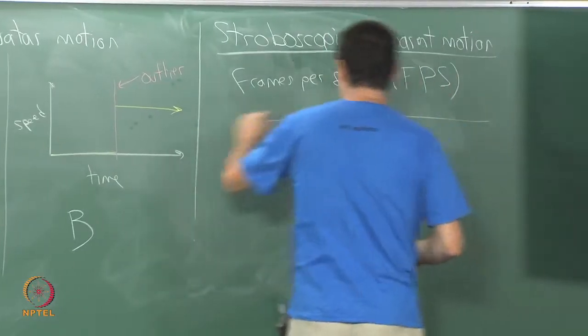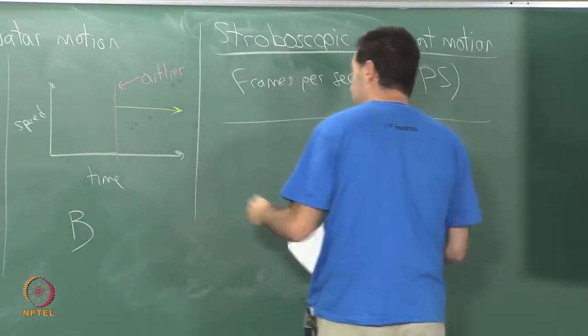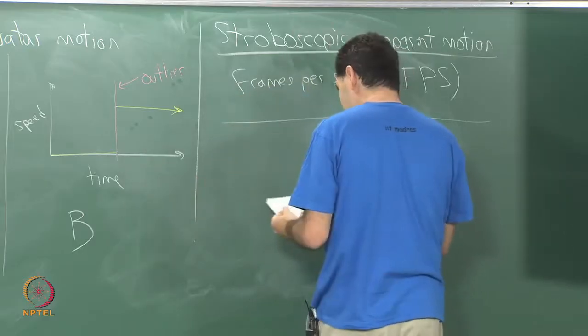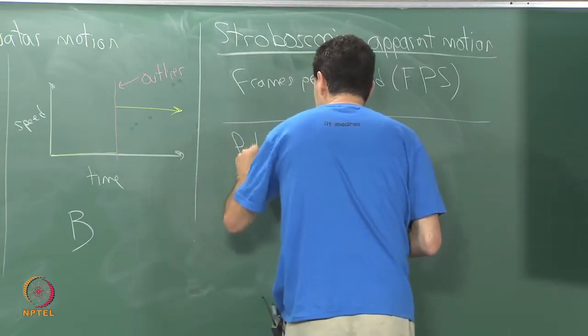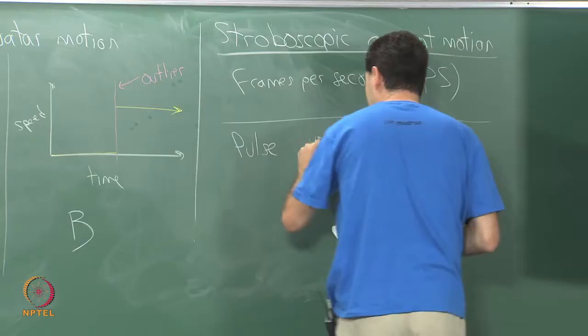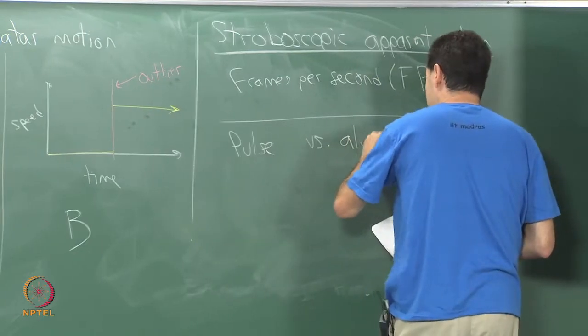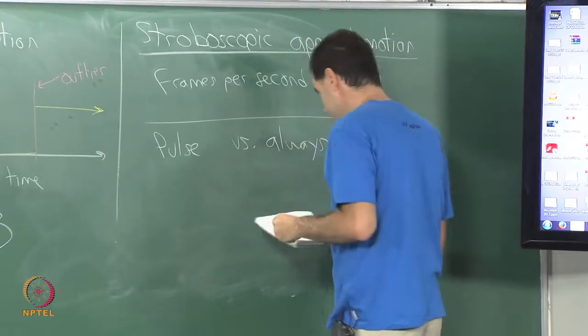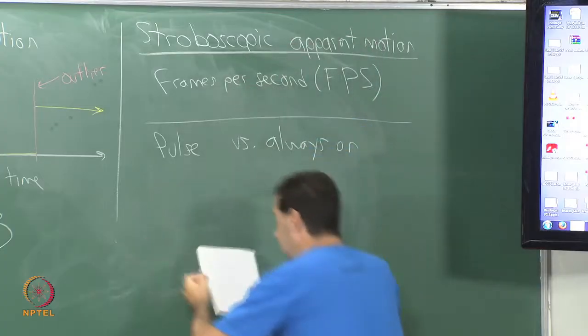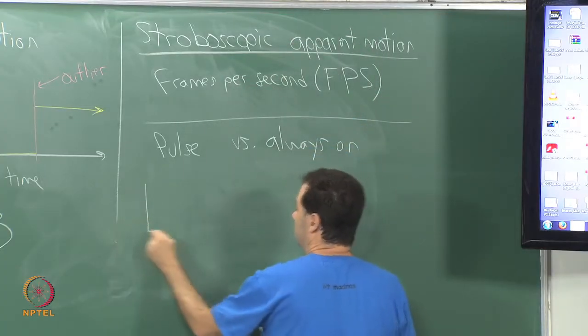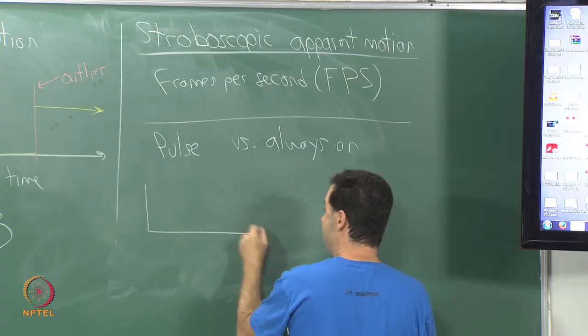One general thing to think about with regard to showing you a bunch of frames is pulsing versus being always on. So let me draw a kind of picture of what I mean here.